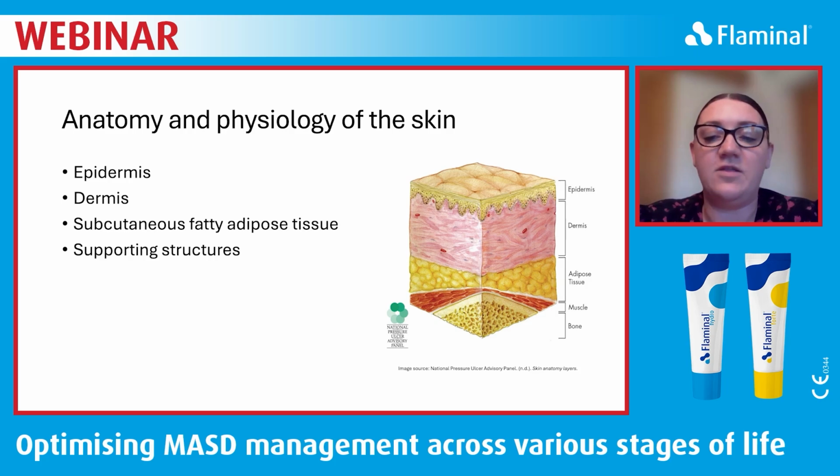It also provides nourishment to our epidermis and plays a very important role in wound healing when the epidermis layer has been broken. We then do have our subcutaneous tissue, and it's not actually part of the skin, however, it lies between the dermis and attaches the skin to our underlying structures such as fascia, muscle, tendon, ligament, and bone.